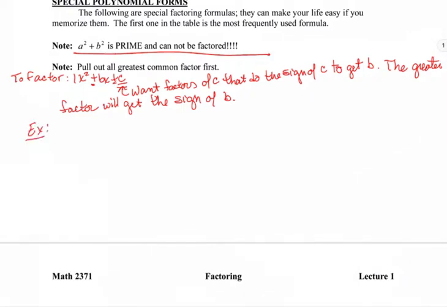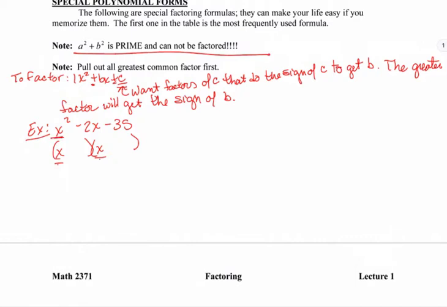Say that I had x squared minus 2x minus 35. How do I factor that? I want to go straight into two parentheses. I know that the first one is going to be x and x because my first term here is x squared.